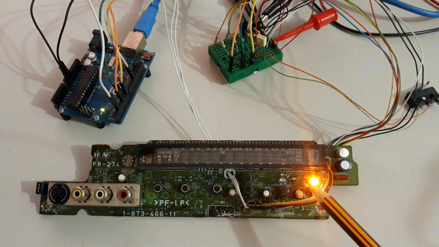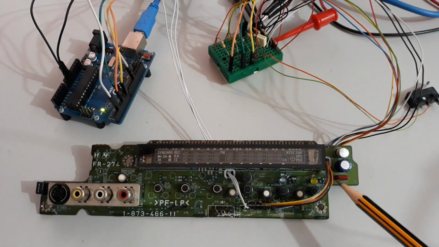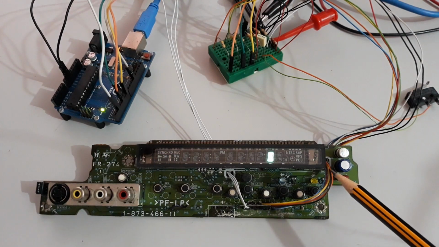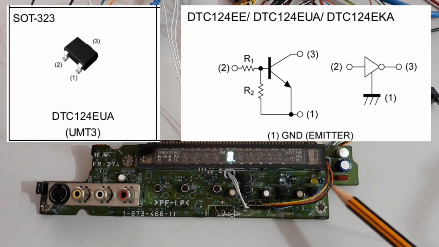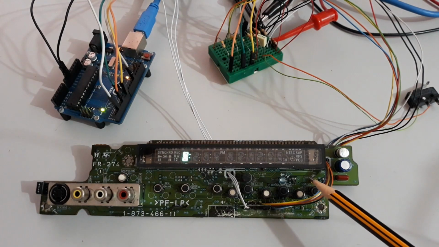Both LEDs present in the panel have a transistor built in, with resistors to provide the interface between the LED and the PT6315.